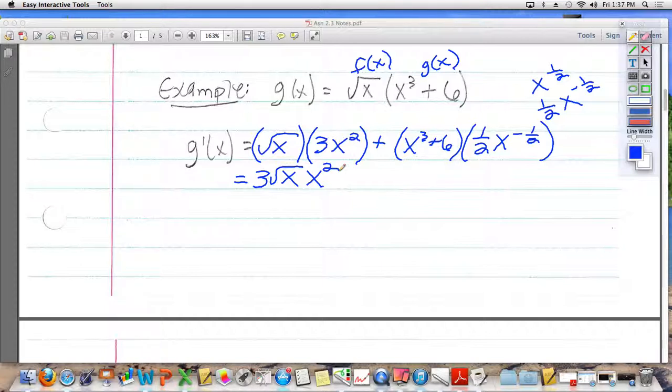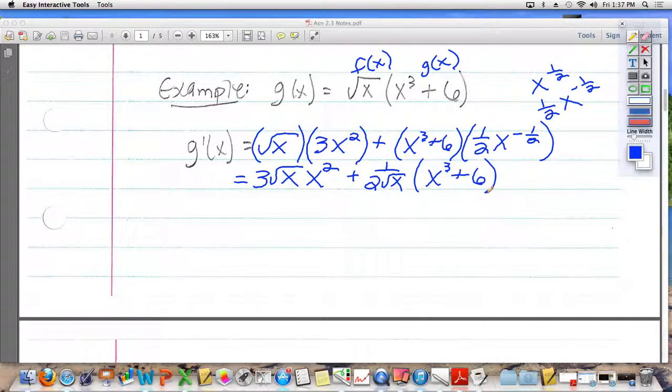You okay with that? Mm-hmm. Plus, here we've got 1, we gotta get rid of the negative here. 1 over 2 the square root of x. Still okay? I'm just writing these in the opposite order. Times x cubed plus 6.